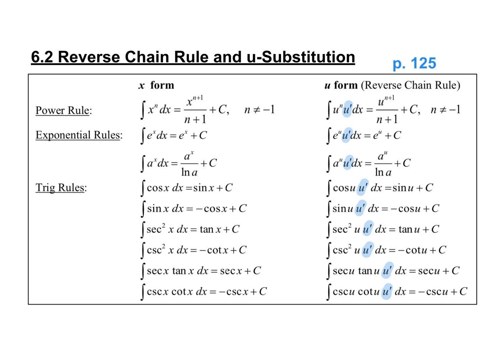The u form of it, it's really the same thing. Why I highlighted that is what's added to it is the derivative of whatever u is. That's really the only difference between the left-hand column and the right-hand column. And that's getting to this idea of what I'm looking for to know that I have to use u-substitution. Well, there's going to be an extra polynomial that might not be there.